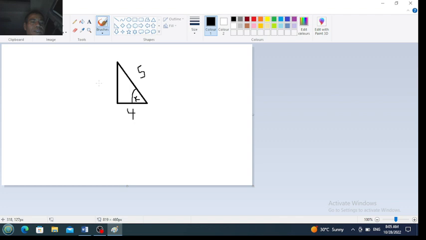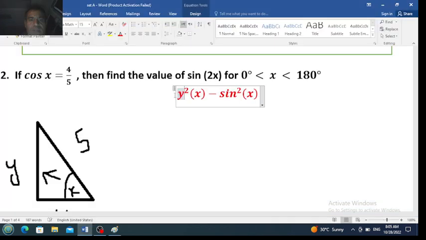Therefore, y squared is equal to 25, 5 squared, minus 4 squared, which is 16, which is equal to 9. Now we can conclude that y is equal to plus or minus 3.